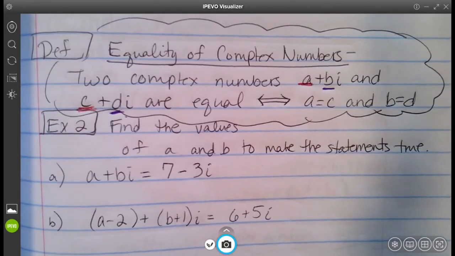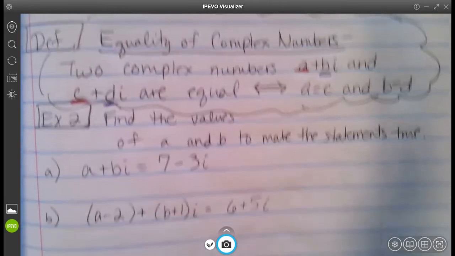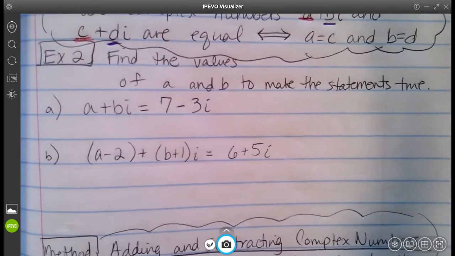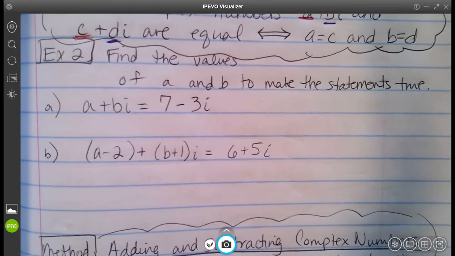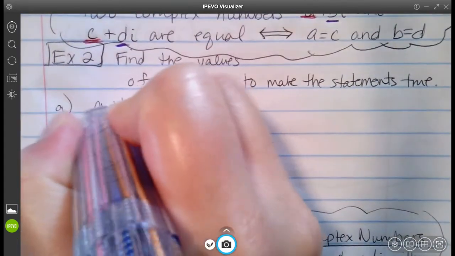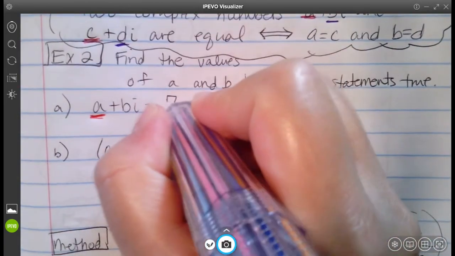So we're going to go ahead and do a few examples just to kind of show how that works. Example number 2 says find the values of a and b to make the statements true. The first one is kind of easy. If we look at the same color coordination that I did earlier, we have our a here. Remember, this is our real part. It looks like this is the real part.